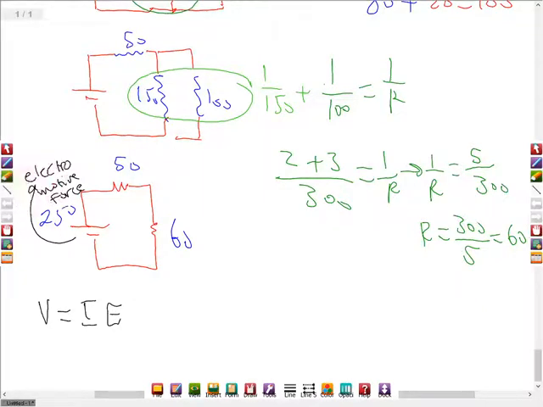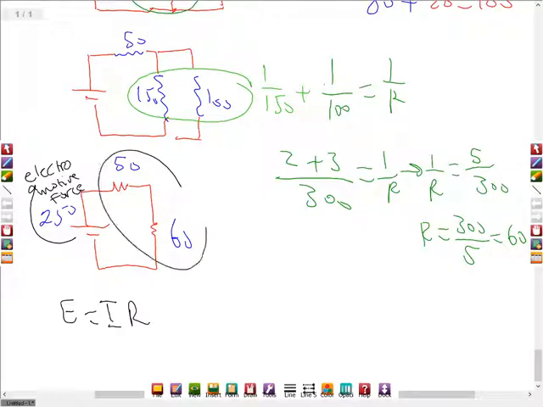V equals IR. Okay. R here for these two is 110 in parallel series, right? 110 ohm. Remember this.